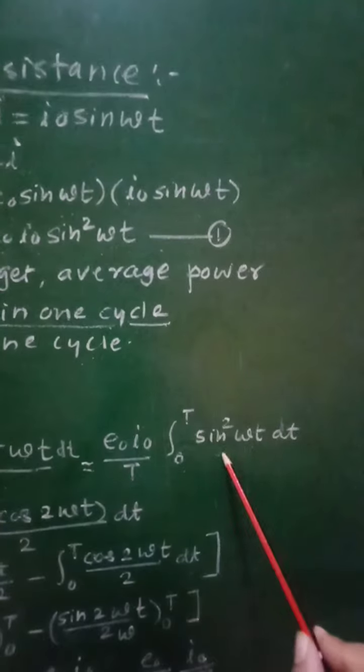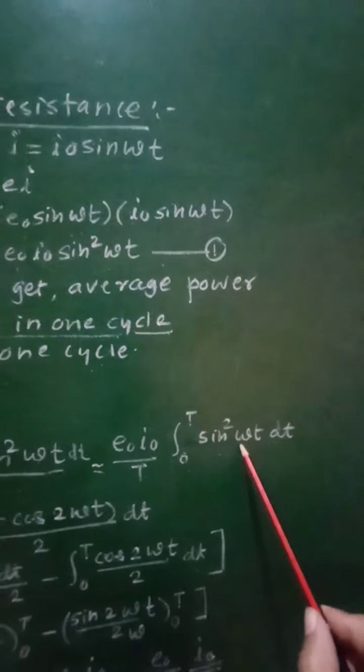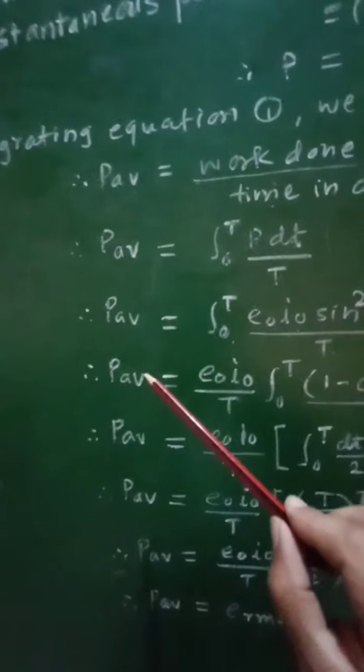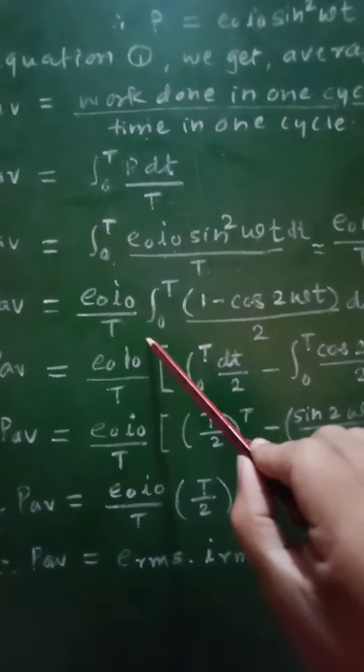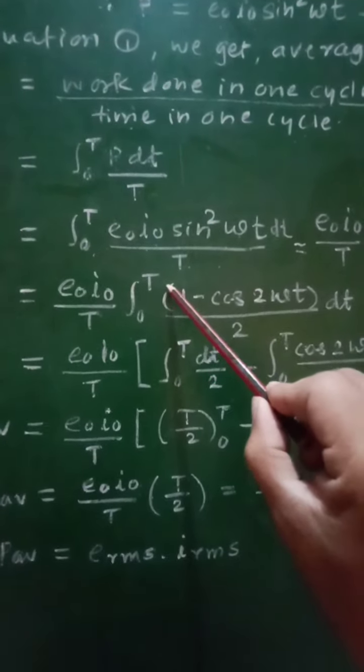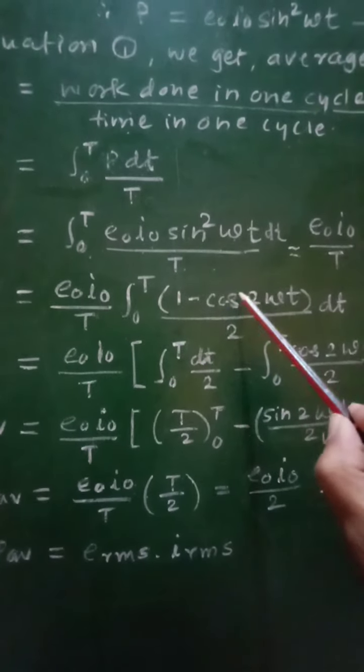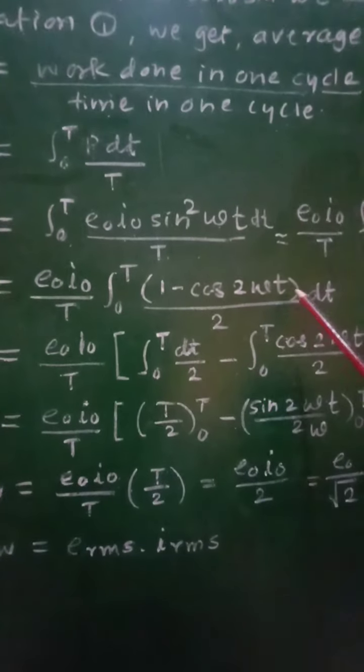By using this formula, we can write P average is equal to E0 I0 upon T integration from 0 to T of 1 minus cos 2 omega t upon 2 into dt.